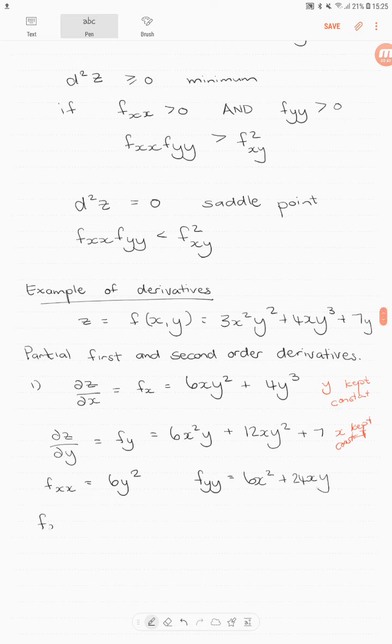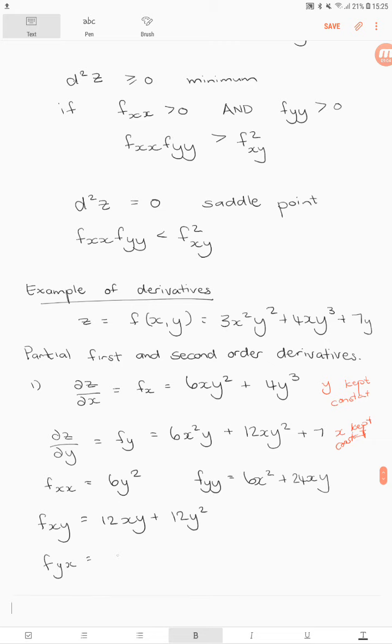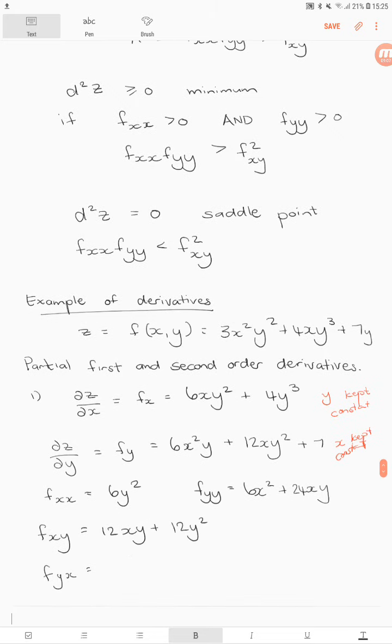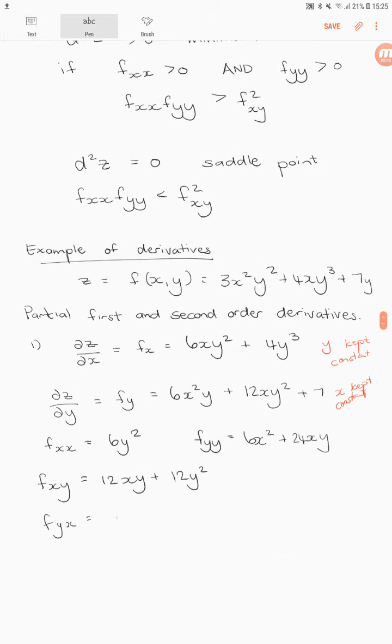And our cross partial derivative, fxy, so we take y with regards to x, is 12xy plus 12y squared. Fyx is taking x with regards to y, so that is 12xy plus 12y squared.